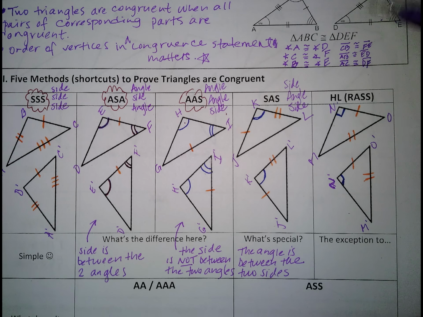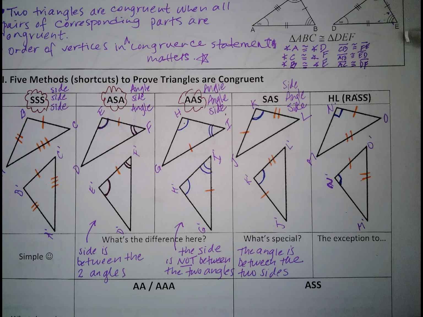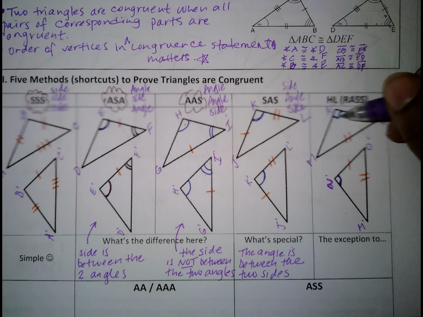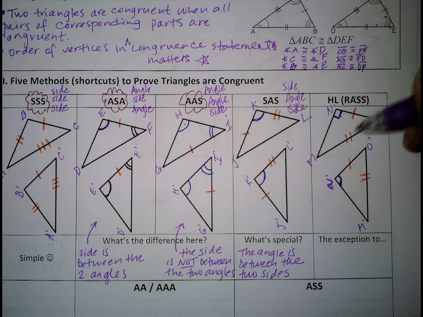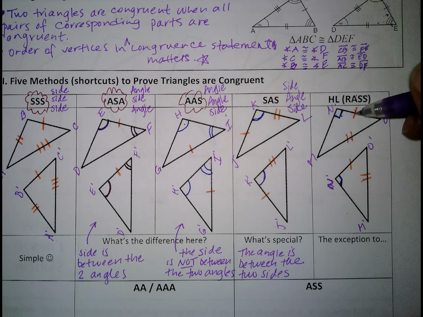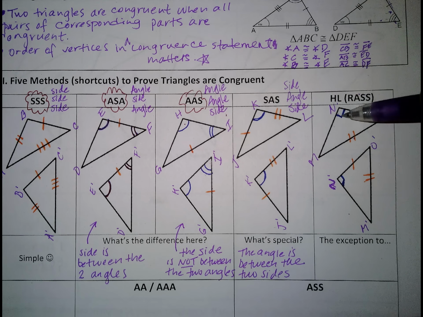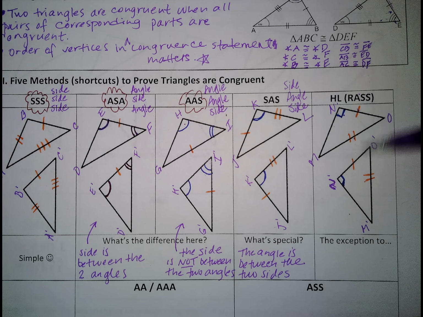And then the last one is hypotenuse leg. So RASS, it's not ROS. It is right angle, side, side. So what does that mean? You'll have your right angle and then a side and a side. So your right angles are congruent, and then you have a side here and then another side.